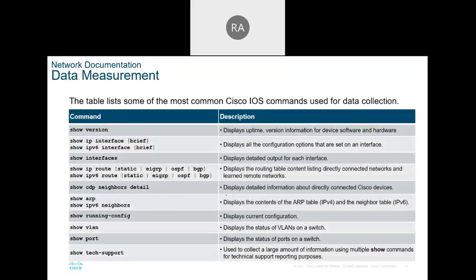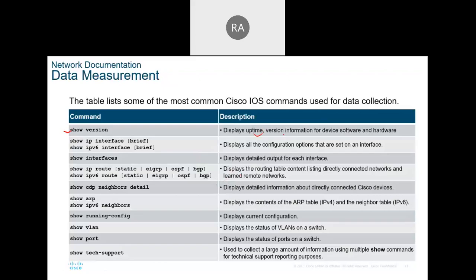So look at some of the data measurements we can grab from our devices. All those commands we've gone through when we were doing the configuration can also help you to do your documentation. For instance, from the output of show version, I can see the uptime, how long my router has been up.